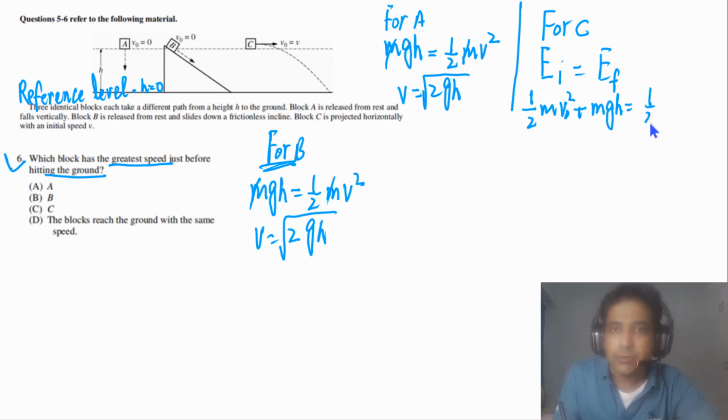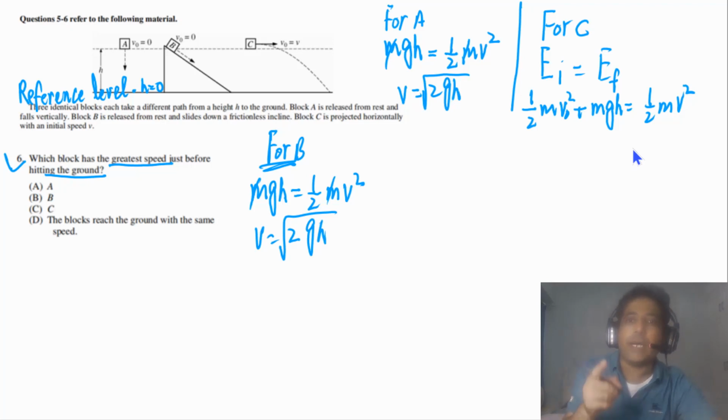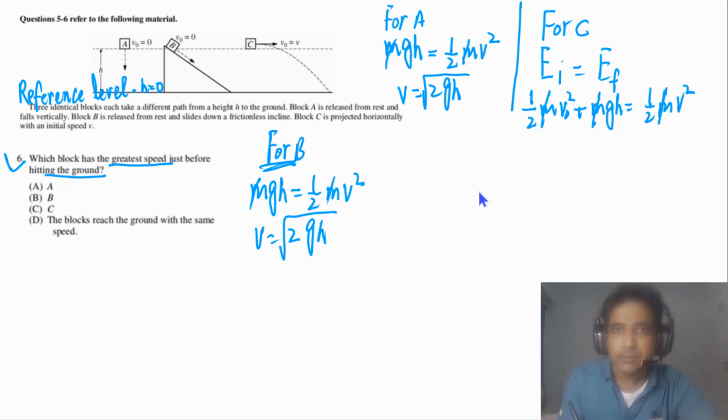This has to be equal to the final kinetic energy, because the final GPE is equal to 0, so I'm not writing 0 here. Again we can cancel m with m. So v squared is equal to v naught squared divided by 2 plus gh, plus gh, so this is v squared divided by 2.